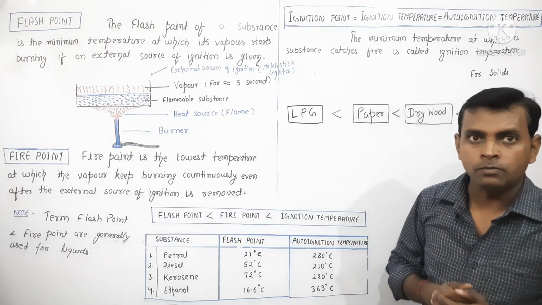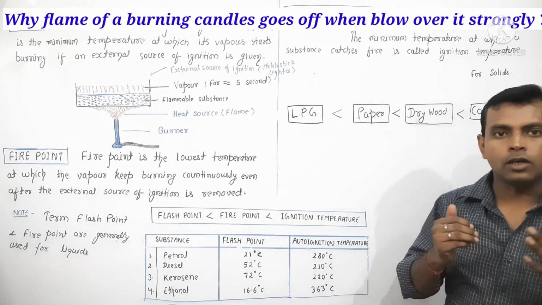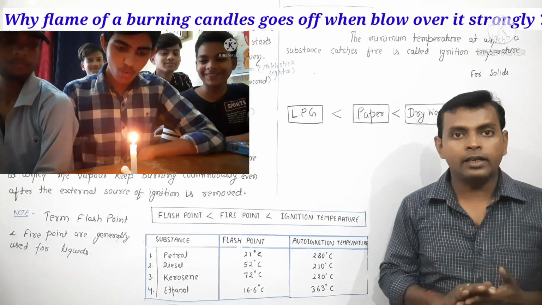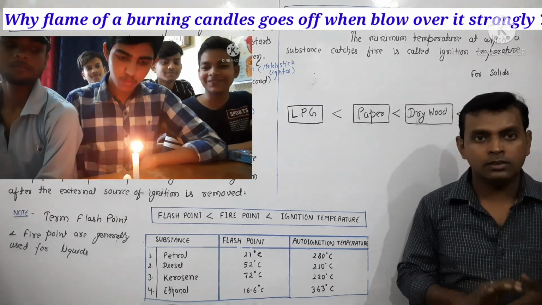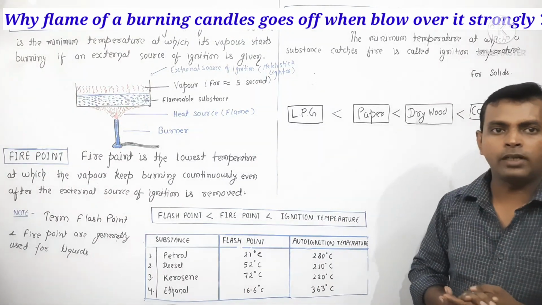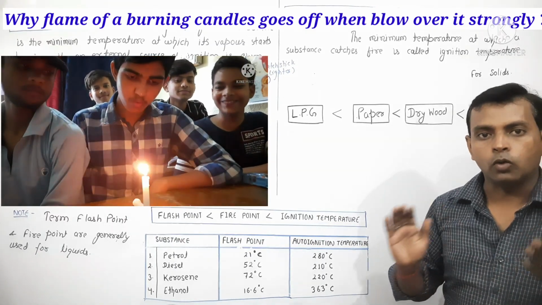The first question is, why does the flame of a burning candle go off when we blow over it strongly? What is its answer? When we blow over a burning candle strongly, the air current decreases the temperature of the burning wax below its ignition temperature, and CO2 from our breath also acts as a fire extinguisher, so the flame finally goes off.